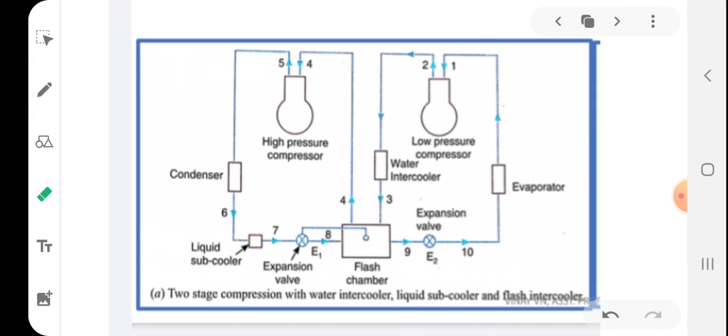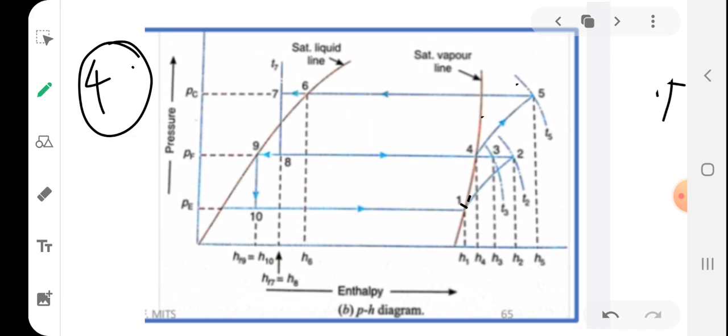Now I will explain the working of this particular type. What is the first? It is the inlet of the low pressure compressor. At the inlet of the compressor, it is in the saturated vapor form. It is isentropically compressed to the state 2, right?